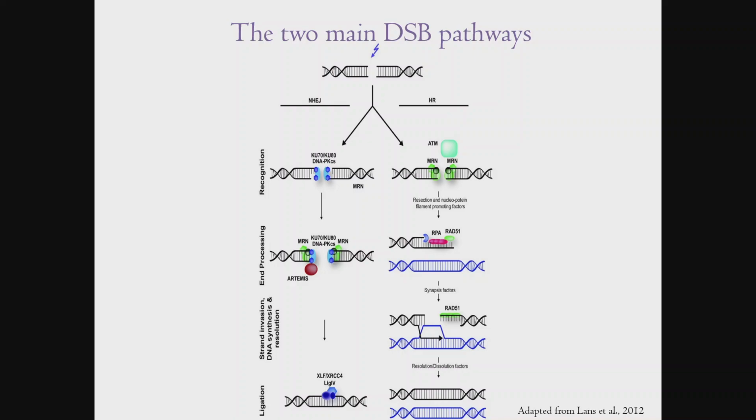Right. But then if we have RPA that will cover this single strand, it could maybe be used by the virus to escape the immune system. So I don't know if you have something.